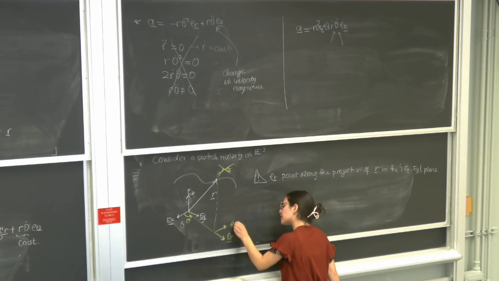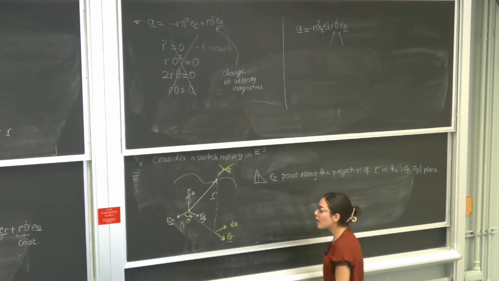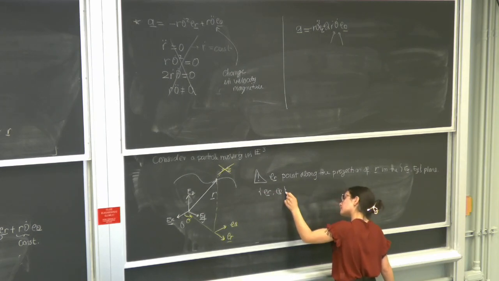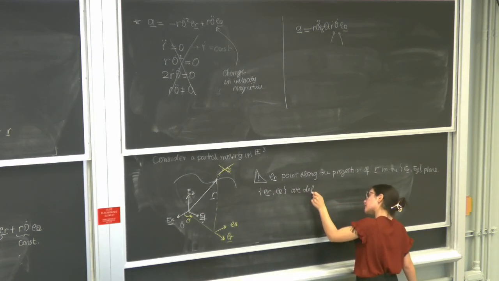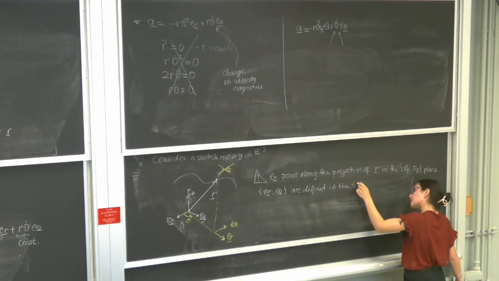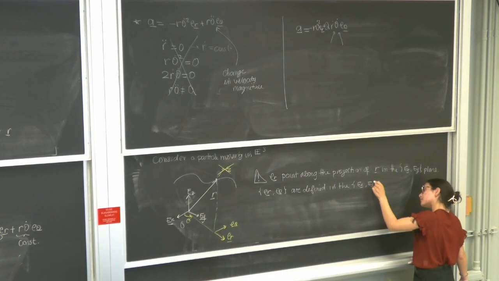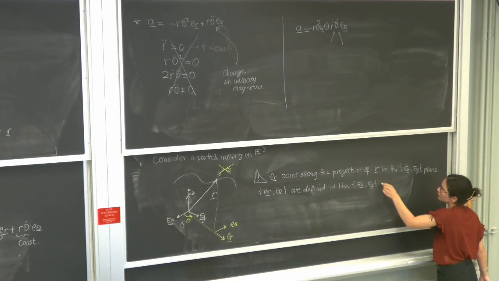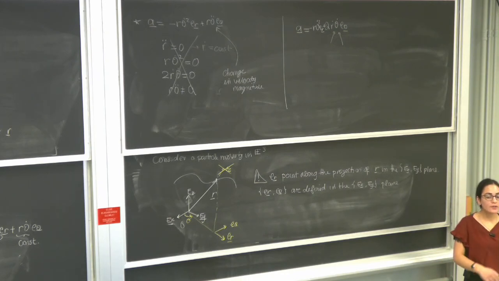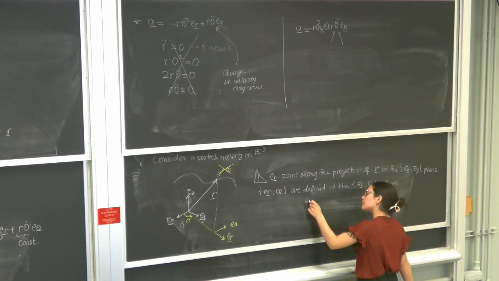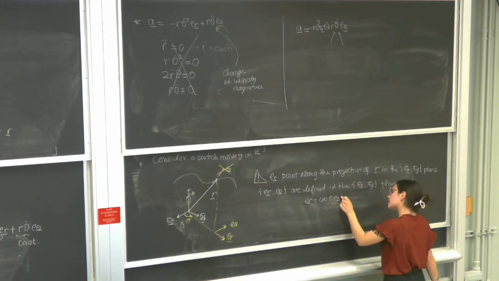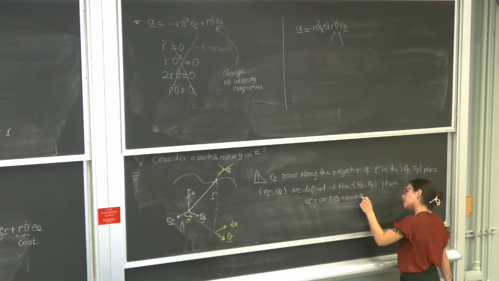E theta is also defined in the same way. So ER and E theta are defined in the EX, EY plane, exactly like they were defined for the polar coordinates. ER is cosine theta EX plus sine theta EY.